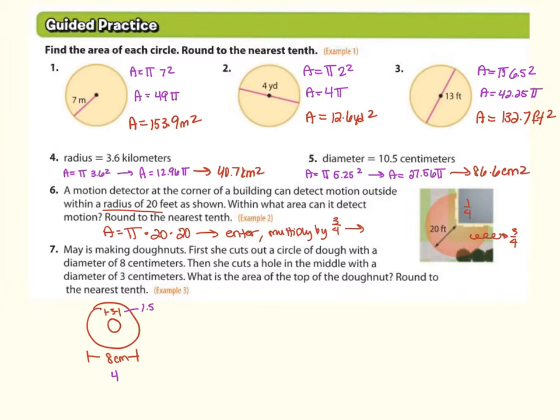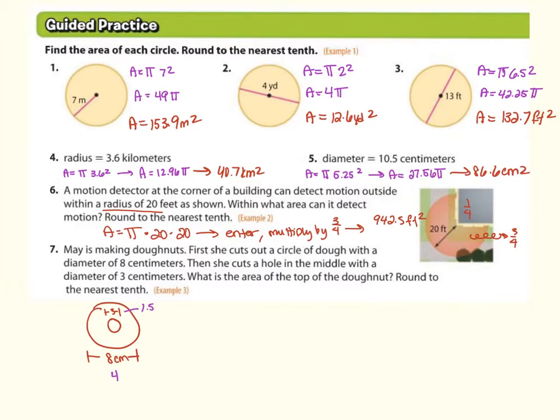I'm giving you guys enough time to get the answer. Do you have it yet? I'm guessing you do because I'm writing down the answer. 942.5 feet squared is the area that the camera can detect motion.